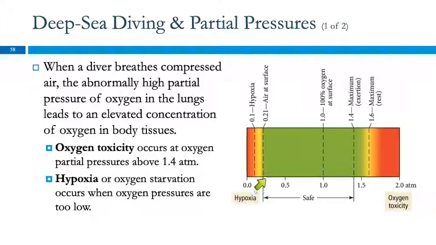And this is what it is at sea level. This is what we're accustomed to. And we get into this yellow zone at only a little bit less than what we're used to. There's this big region up here that's safe for higher oxygen. But still, too much oxygen, not good.